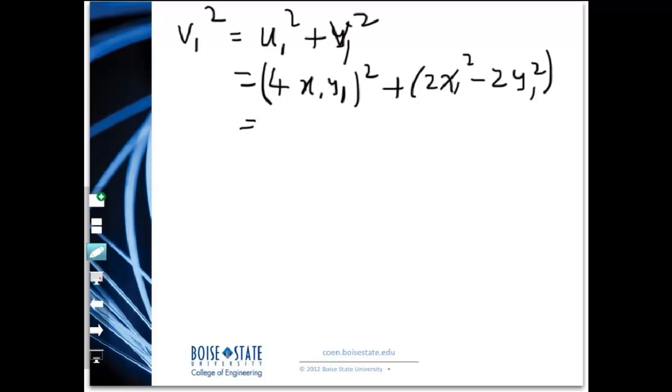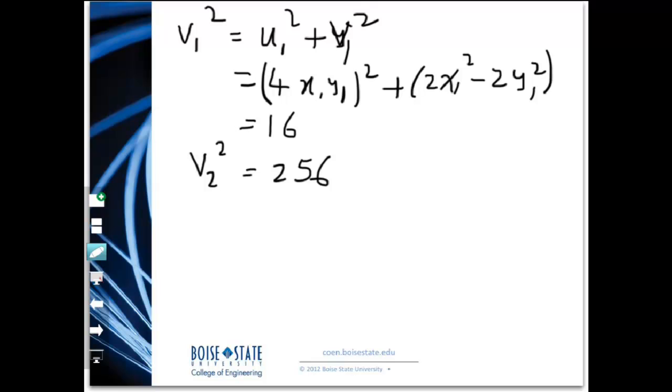So you can go ahead and compute it. It will turn out to be 16 for x1, y1 being 1 comma 1, and similarly we can do V2 square and it will turn out to be 256.